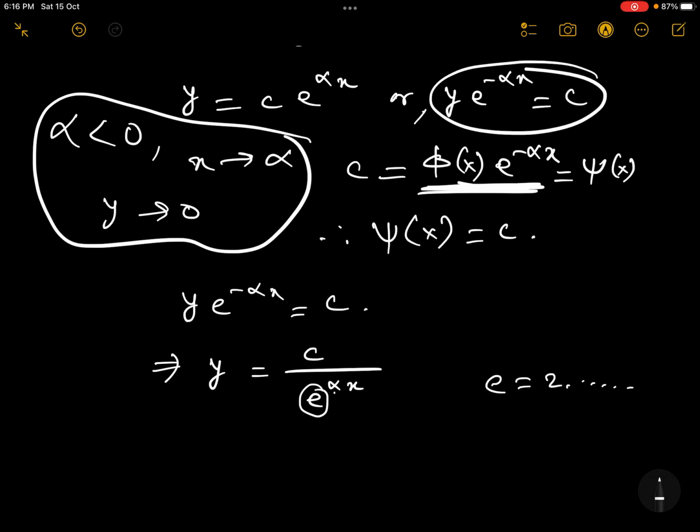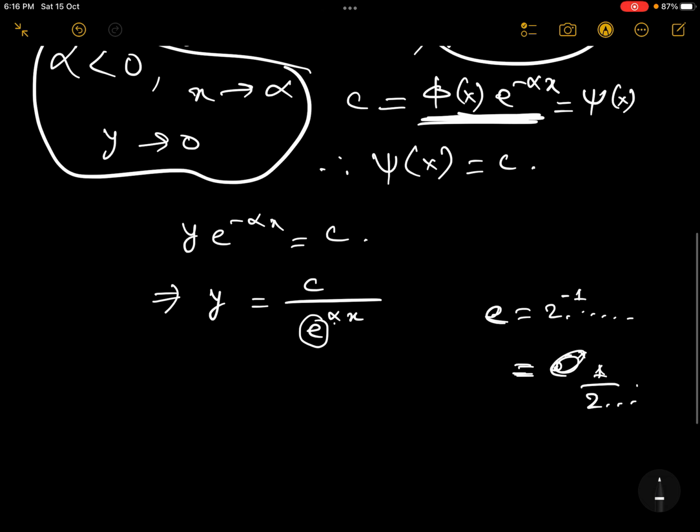That means, let's say, if alpha is minus 1, then e power minus x will be 1 by 2 something, that is very small. But if alpha is, let's say, okay, let alpha be minus 1, and then x is tending to infinity, no?